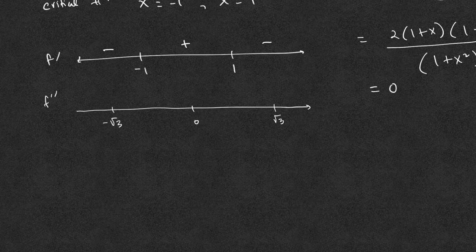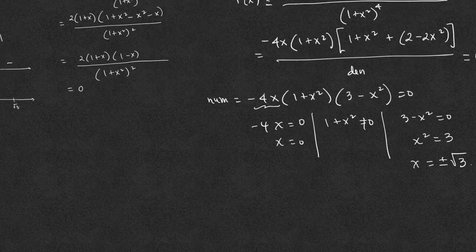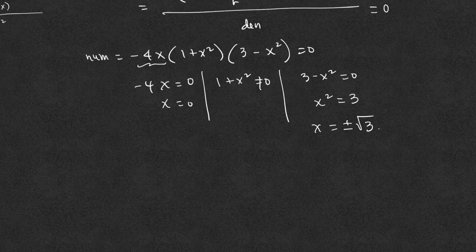If we plug a number between negative infinity and negative root 3, negative 100 for example, into the second derivative, we will see that negative 4 times negative 100 times 1 plus 100 squared times 3 minus 100 squared.